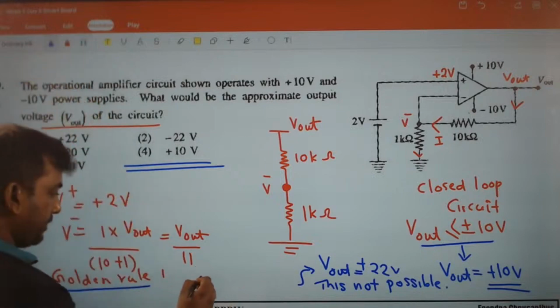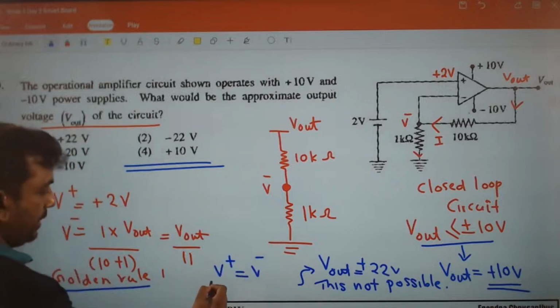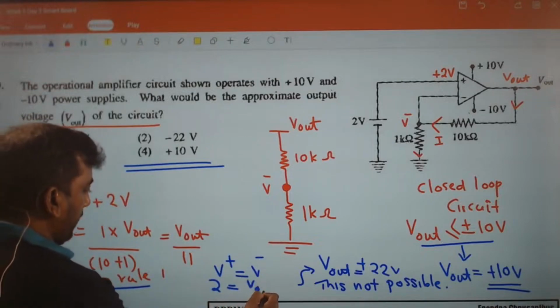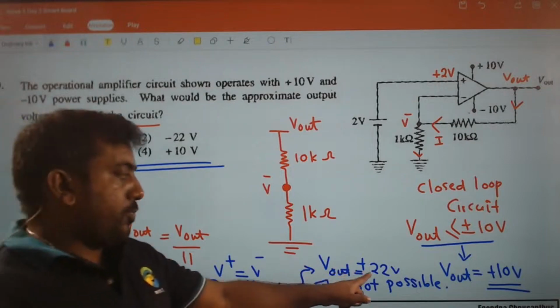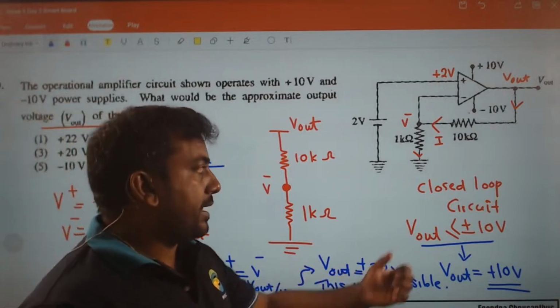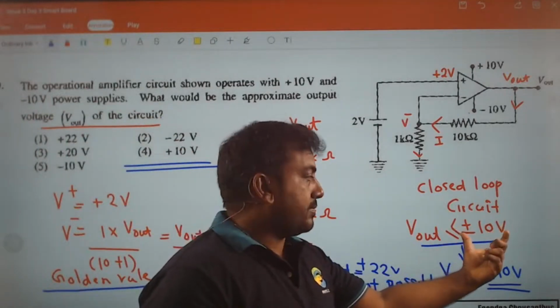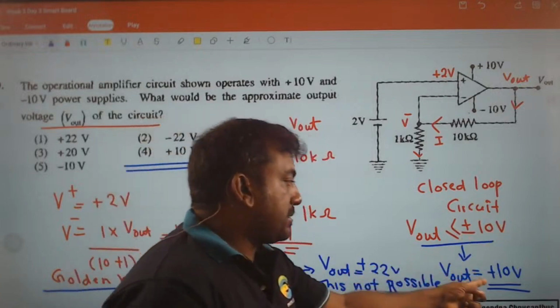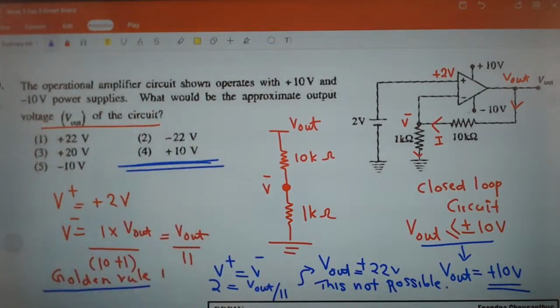V plus equals V minus, so 2 volts equals V output over 11, multiplying first, the output is plus 22. The output is always less than or equal to the supply. Here positive means the positive supply. So the answer is answer number 4.